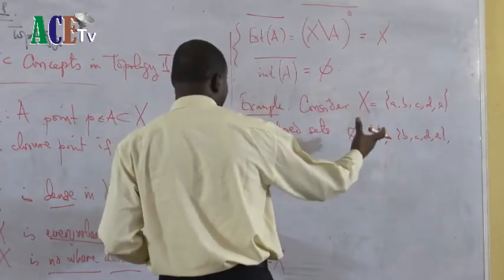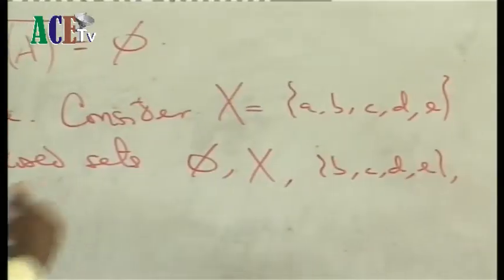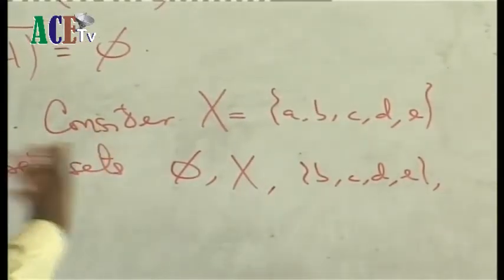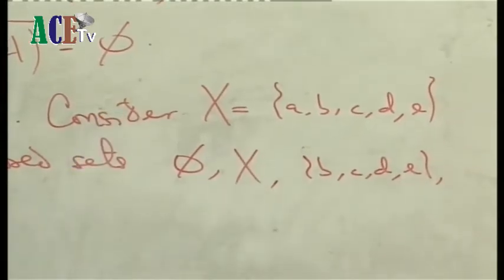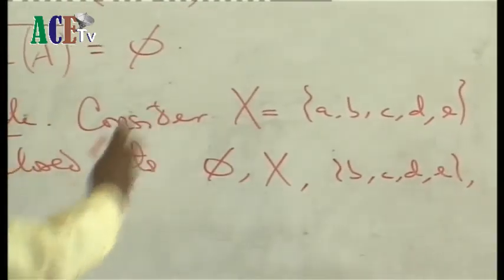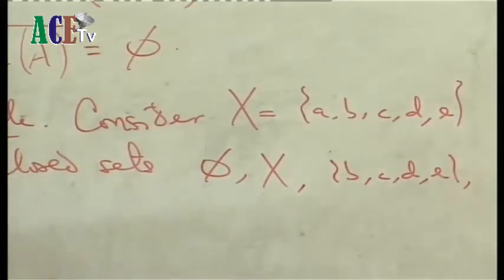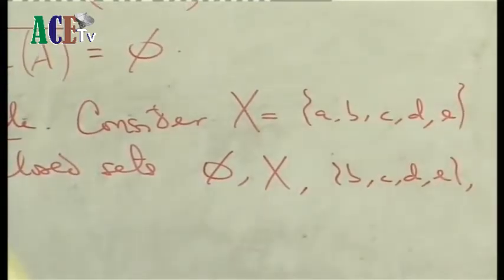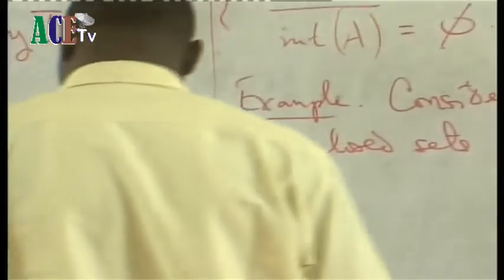This closed set can actually be obtained from a topology. If you are given a topology on X, you can define the closed sets. Likewise, if you are given the closed sets of X, you can also obtain the topology of X. Now, let's take a look at this.